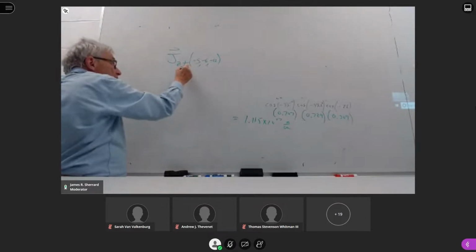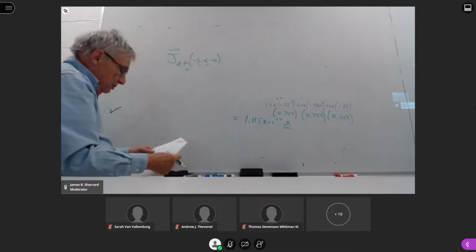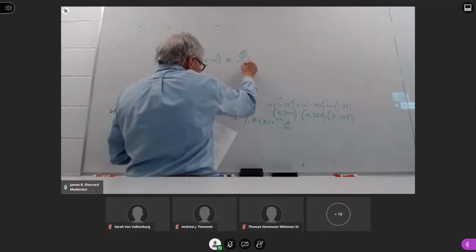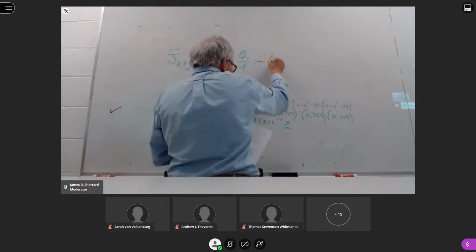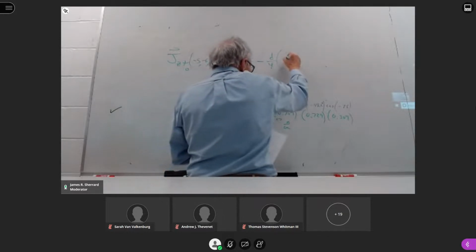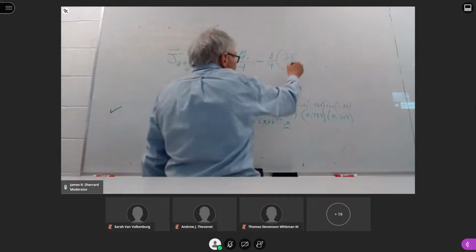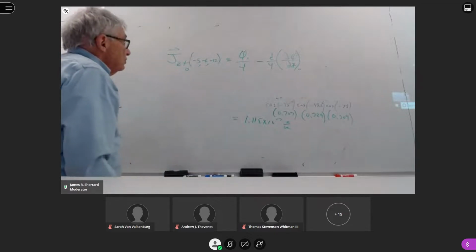Or instead of putting this, I could have put my little subscript 0 there, because remember, we're evaluating at the point of interest. This is the point of interest. And we know that that's equal to the flux at that point divided by 4. If this is a plus and this is a minus, d over 4 times the partial of the flux with respect to z, because that's the neutron current density we're looking at, evaluated at our point of interest.